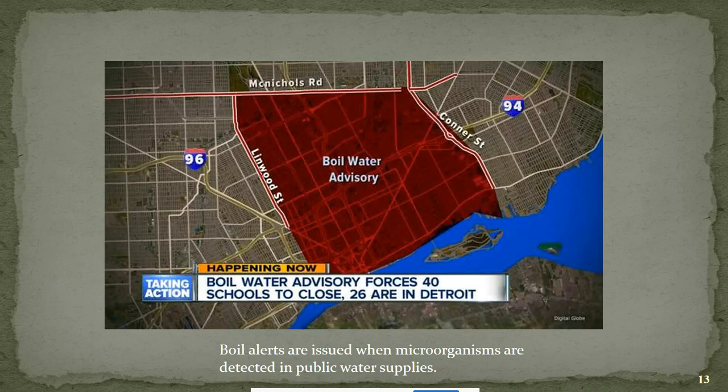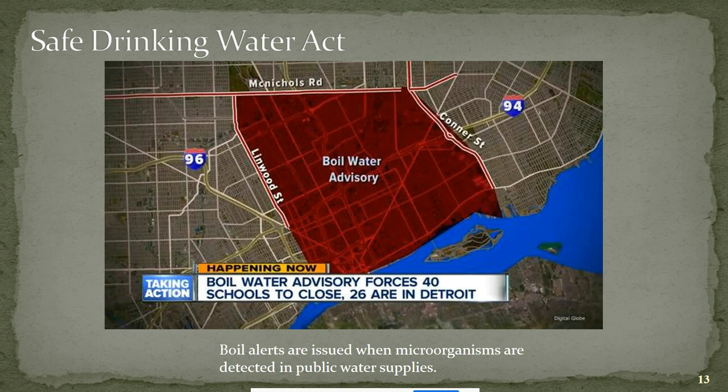So I know we're talking about pollution, but something to just be aware of is there has been this Safe Drinking Water Act that has been passed. And so this is really setting limits and testing guidelines for contaminants in drinking water.